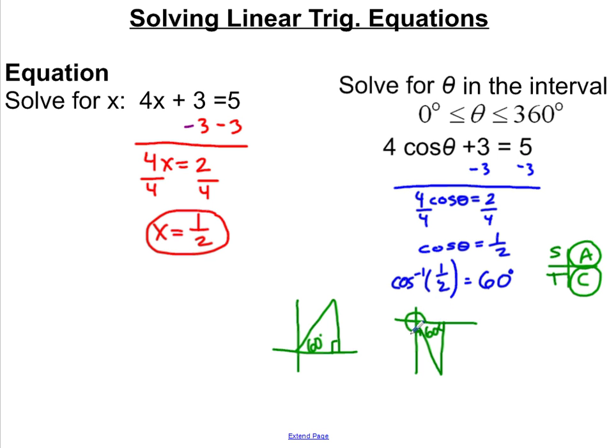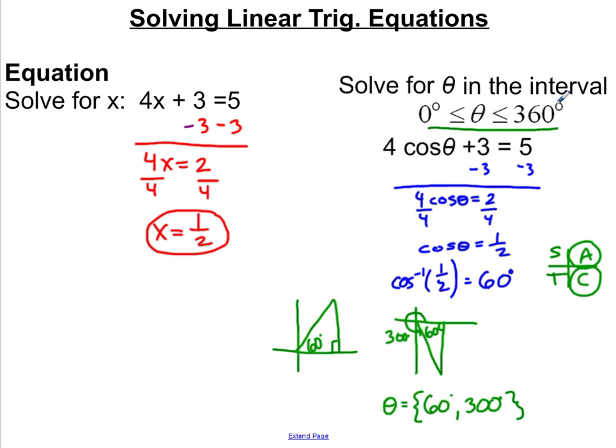And so if I do the whole circle, 360 minus 60, it would be 300 degrees, right? So it turns out those 2 angles that theta would be 60 degrees and 300 degrees. Those are the only angles within that interval 0 to 360.